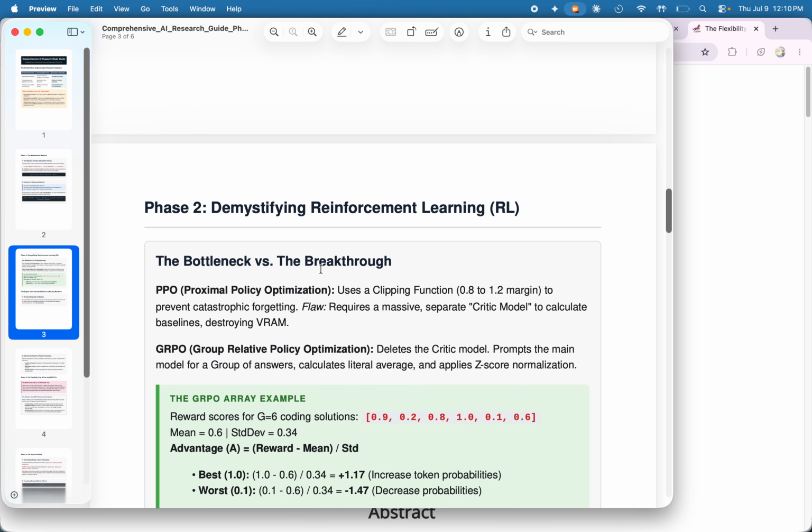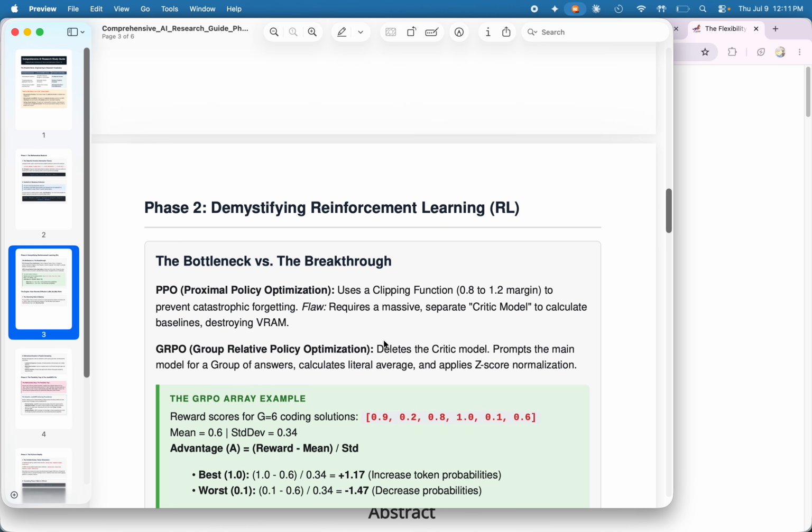In phase two, we see demystifying reinforcement learning. Previously, people were going with PPO for reinforcement learning, but PPO is like training another LLM model from scratch. It's a critic model basically, to calculate the value. So it takes lots of VRAM, lots of performance, lots of resources.